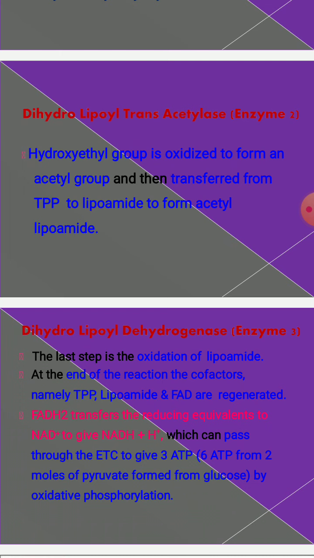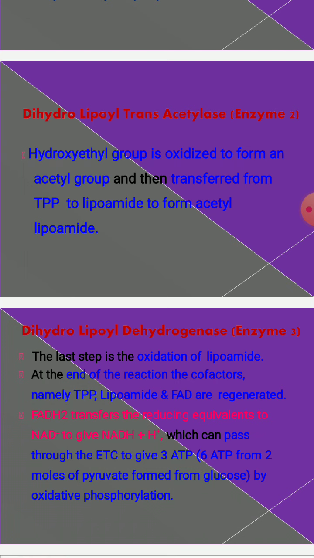So this FADH2 is involved in transferring the reducing equivalent to the NAD plus to give NADH plus H plus, which can further pass through the ETC, that is electron transport chain, which is involved in the synthesis of 3 ATP molecules.